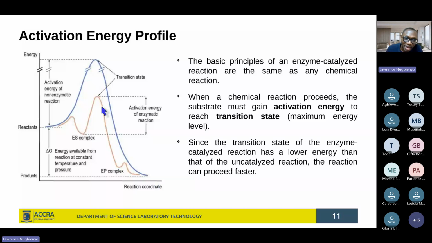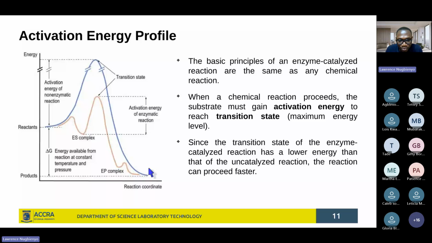Now, what you need to keep in mind is that enzymes, or say a catalyst, only come in to speed up a reaction which is already occurring. The reaction must already be occurring spontaneously, and the catalyst only comes in to increase the rate of the reaction.